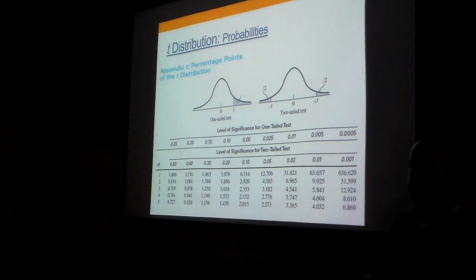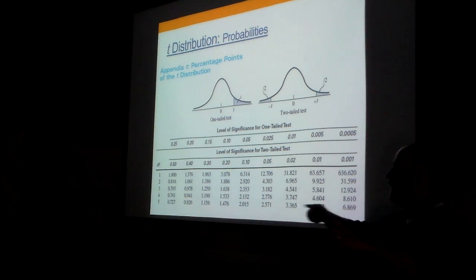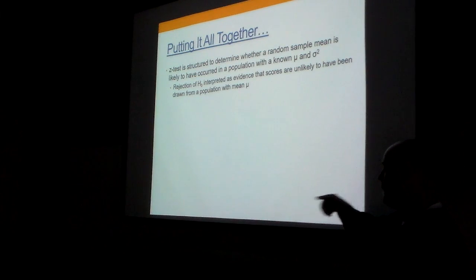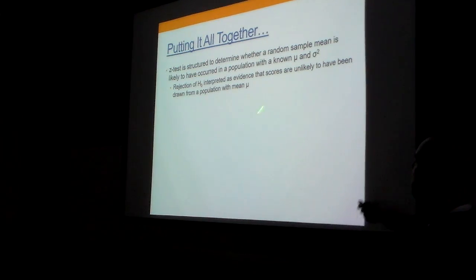So our t-tests are a family of curves, as opposed to the normal distribution, which is just one normal curve. The normal curve is what it is. All right. How do you know what your degrees of freedom is? We'll talk about that.